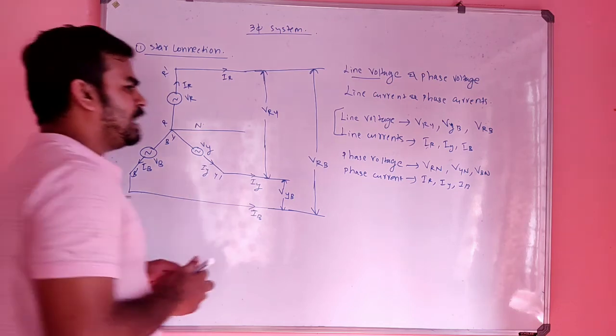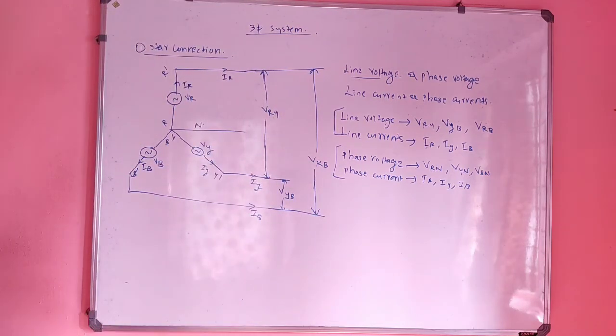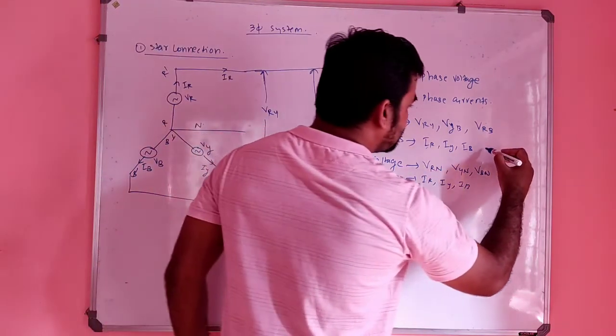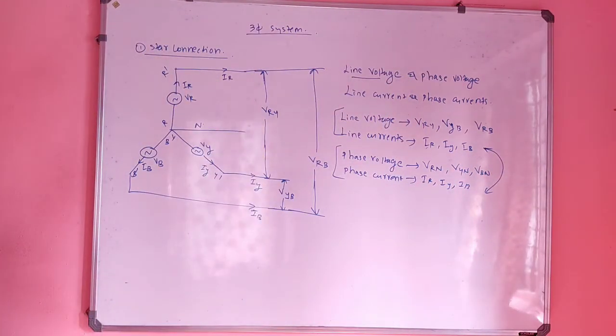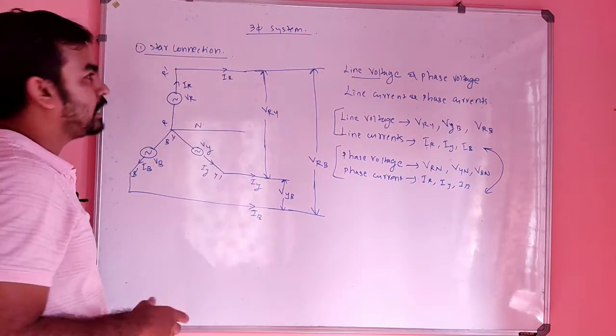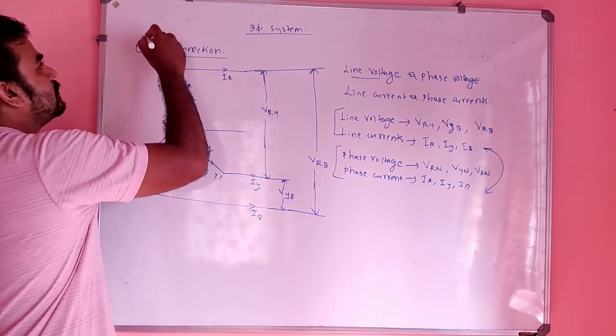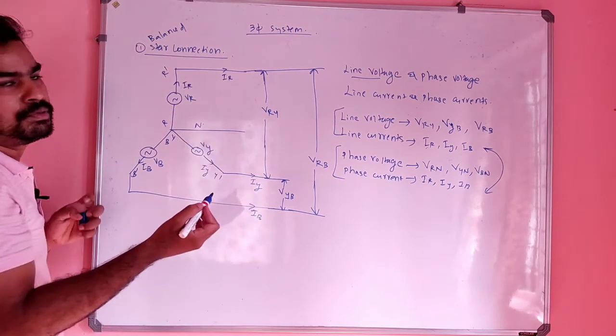And you can observe an interesting fact here: these two are same, no? That means in a star connection, a balanced star connection, and we are dealing with balanced, it is understood, no?